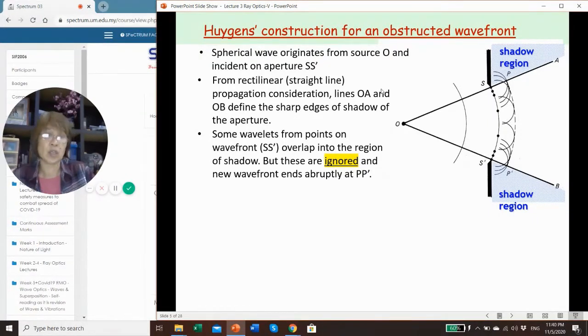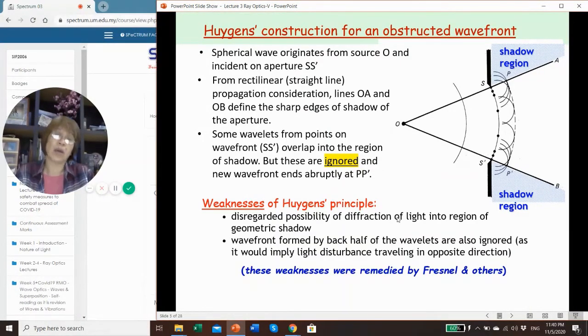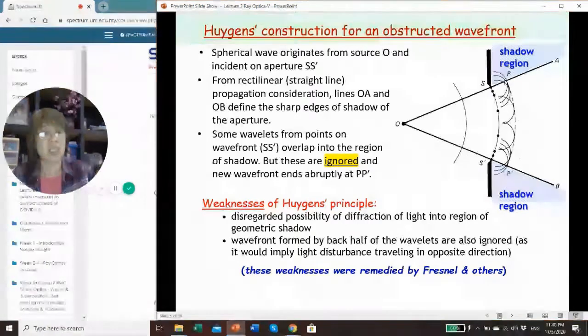But in Huygens' construction of explaining propagation of light in this case, these wavefronts that fall onto the shadow region would be ignored. So that's why Huygens' principle has weaknesses, because it did not consider the possibility of diffraction of light into the region of the geometric shadow.